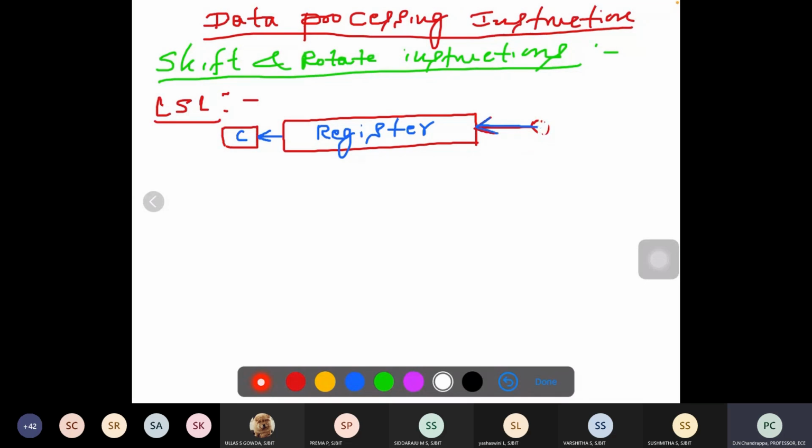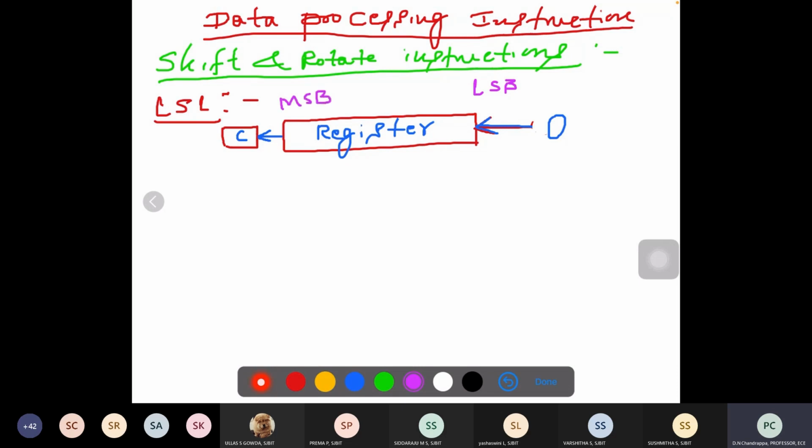So this is written as the register. Please take down: this is called the register, and this is what we call the carry. The direction is very important, towards left. Please all of you look into this.